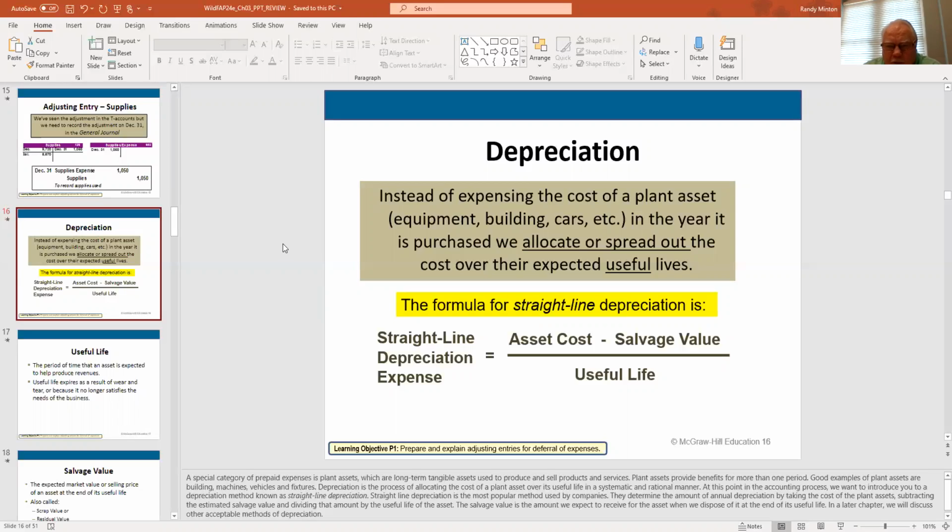So what we do is we're going to try to allocate the cost of that equipment or whatever over the expected life of it. Now, these are estimates, okay? We're going to estimate what the expected life of the building is, but for the most part, most places use 20 years in which to depreciate a building.